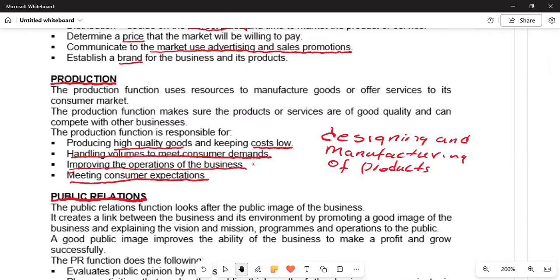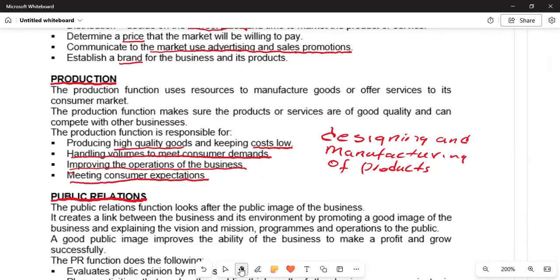That department is going to help the production department to do what? To meet the consumer expectations, because they went out to find out what the consumers' needs are. So even in the production department, make sure that you produce the products that are going to attend to the needs of the customers. Hope we are still together.